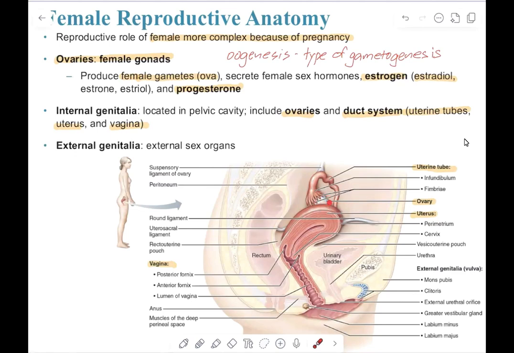During ovulation, it's then released into the peritoneal cavity. And the large majority of the time, the oocyte is going to travel into the uterine tube where fertilization is going to occur in what's called the ampulla of the uterine tube. So the duct system is open, versus the males, which is closed.